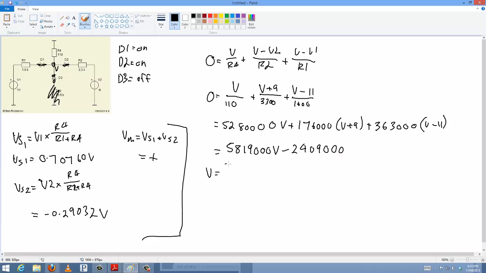V equals 2409 on 5819. V equals 0.4139, 9, just because it rounds up with the next bunch of decimals.